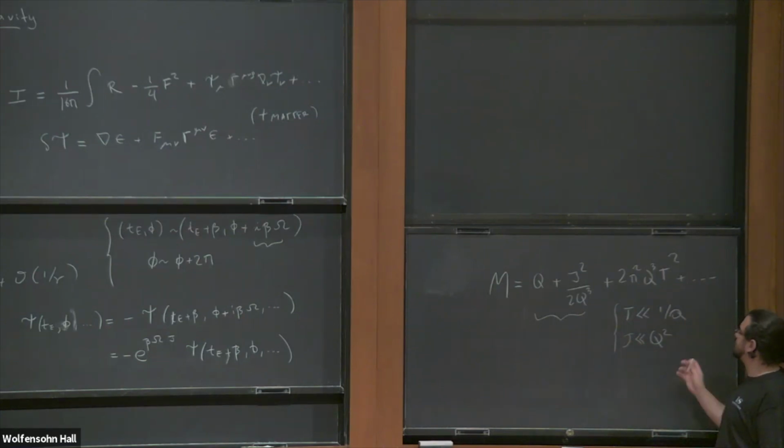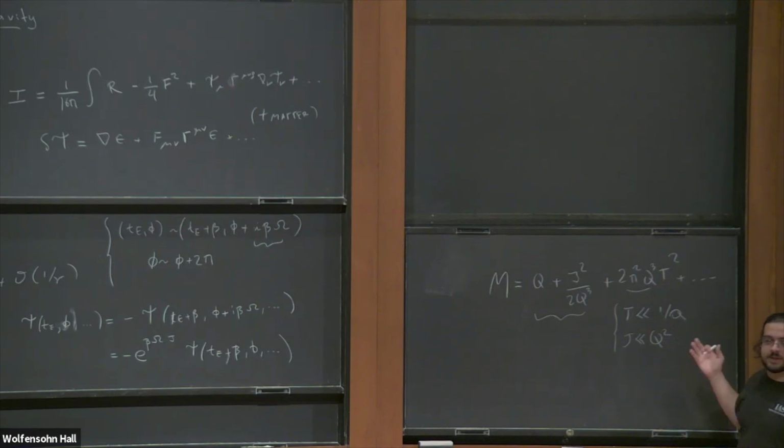And the mass above extremality depends on temperature squared with this prefactor. For those of you familiar with JT gravity, this is the correction that comes from the fact that there is an AdS2 throat and there is a JT mode there, which gives energy that goes as temperature squared.